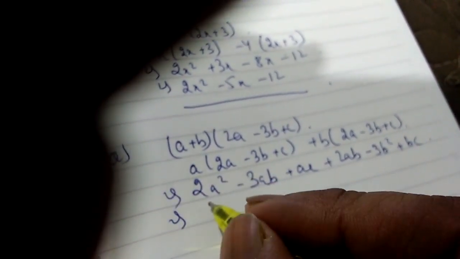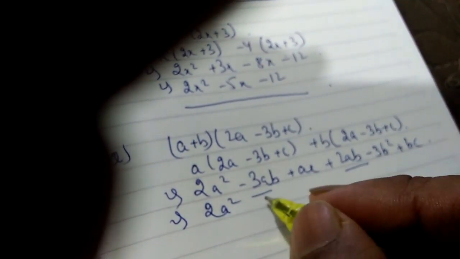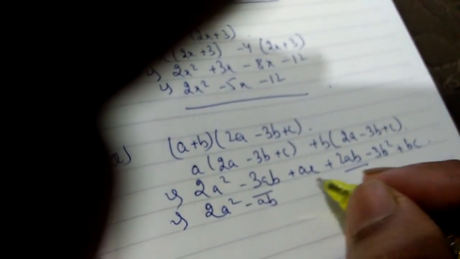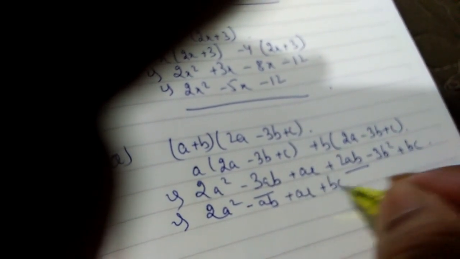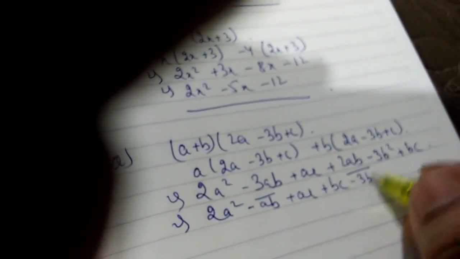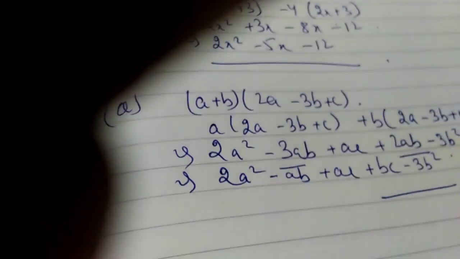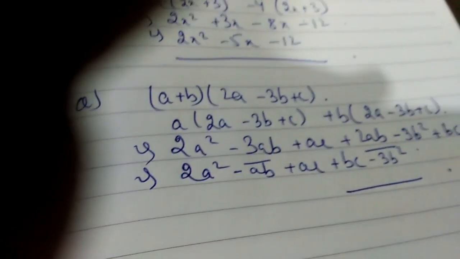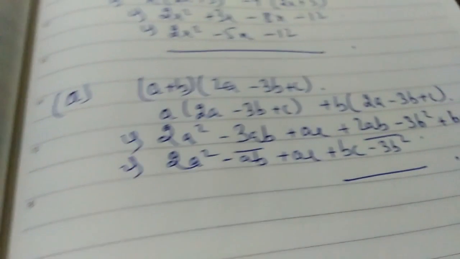So a square is single, ab and ab can be clubbed here, giving minus ab, plus ac plus bc minus 3b square. This is your expansion. This is pretty simple, so the questions based on this will be simple. You can practice a few of them.